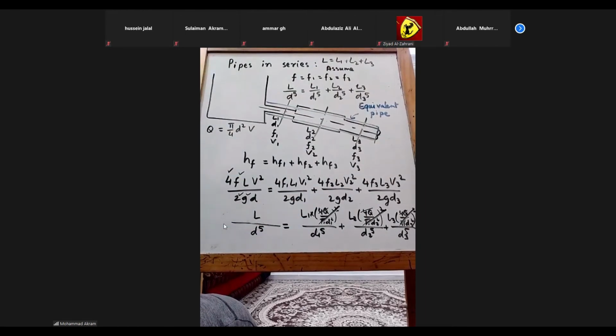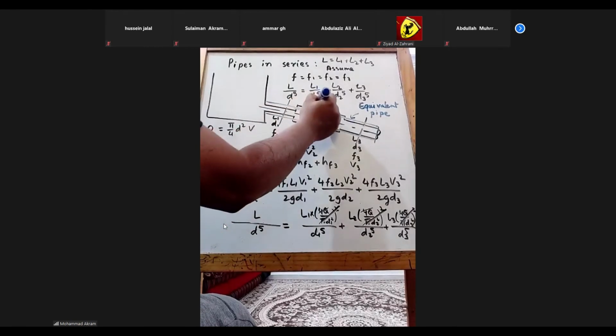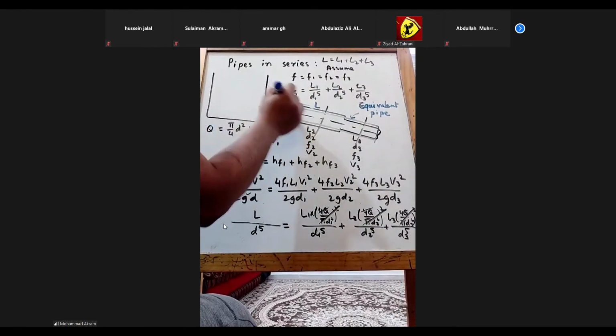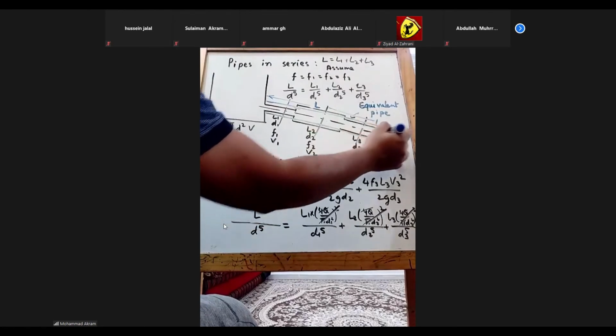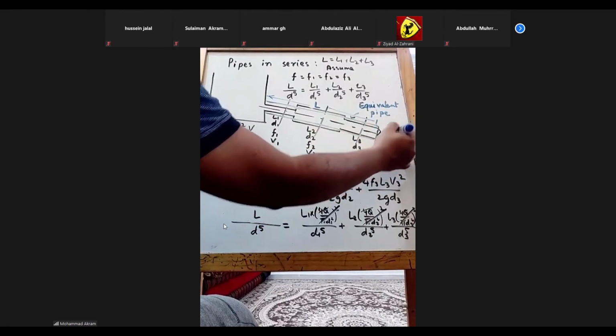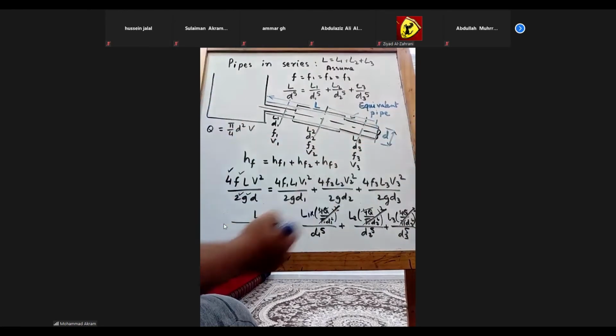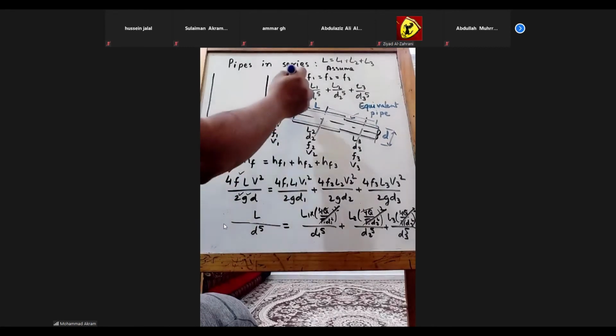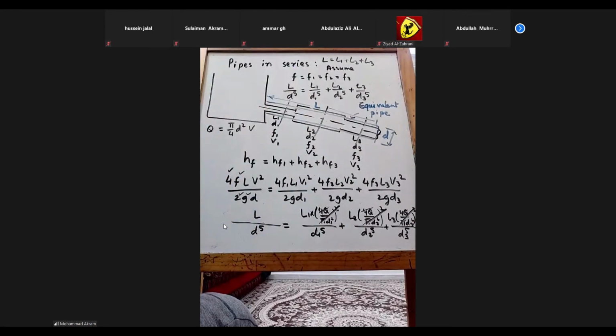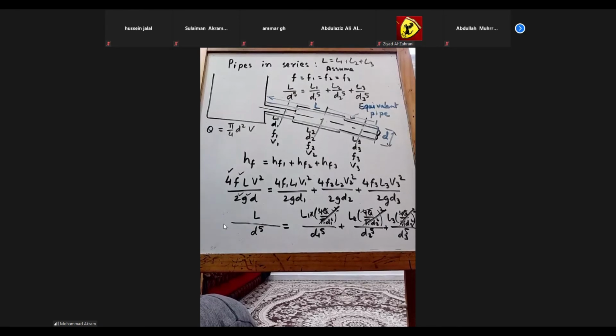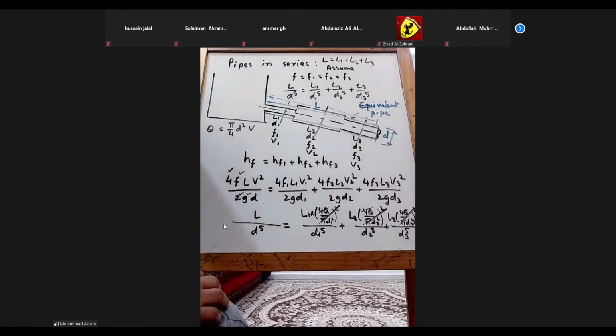Okay, so please write down this. What is the equation coming for the equivalent pipe? This is the equation. L by d raised to 5 equals L1 over d1 raised to 5 plus L2 over d2 raised to 5 plus L3 divided by d3 raised to 5, where L equals L1 plus L2 plus L3.